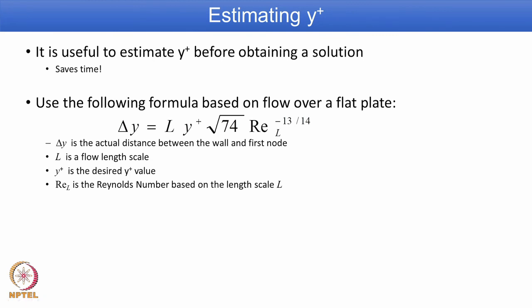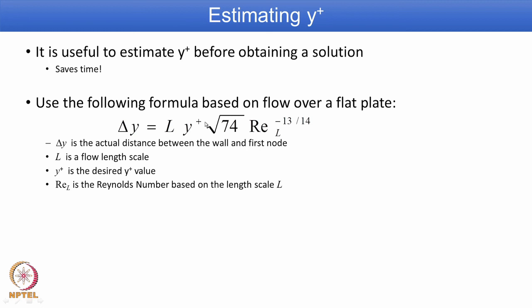For example, what is listed here is for flow over a flat plate, where delta y is the first normal distance from the wall. So, delta y equals L y plus times the square root of 74 Re L to the power of minus 13 by 14. Now, this will decide it if you fix your y plus.